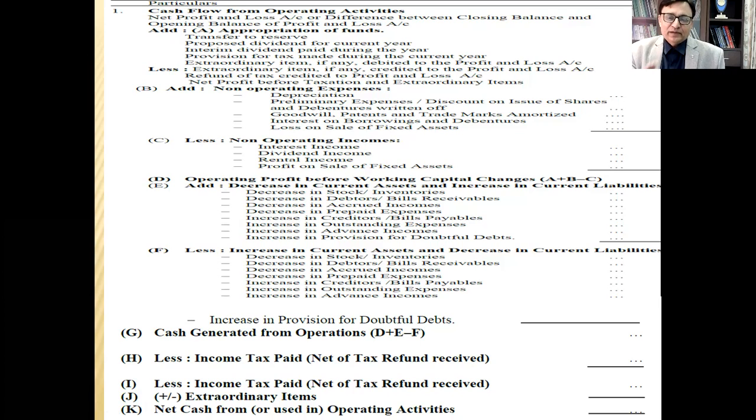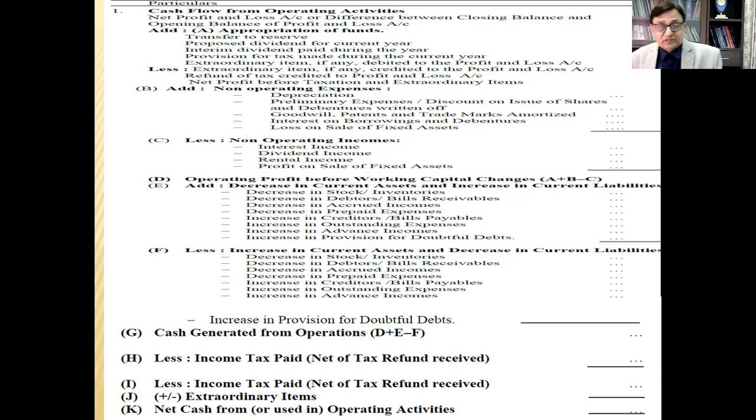One, if you have the income statement available, you can find the net profit as shown in it. Or if the income statement is not available, you may have the profit and loss account balance in the balance sheet. We will find the difference between closing balance and opening balance, and the final figure may be net profit or net loss as per the profit and loss account.